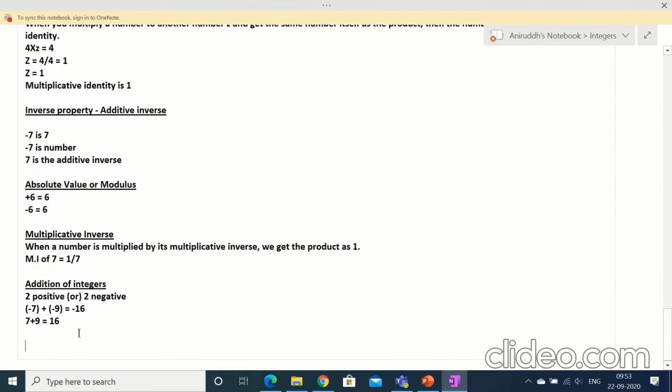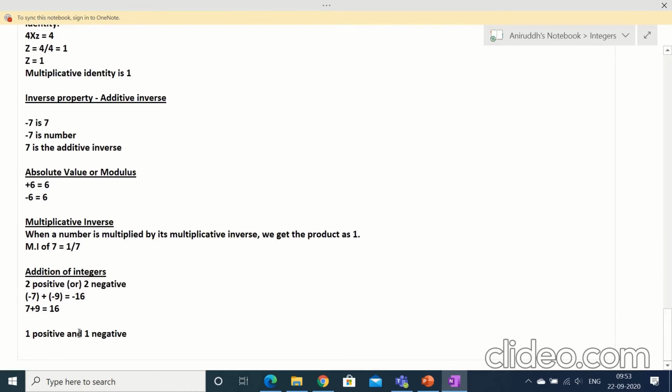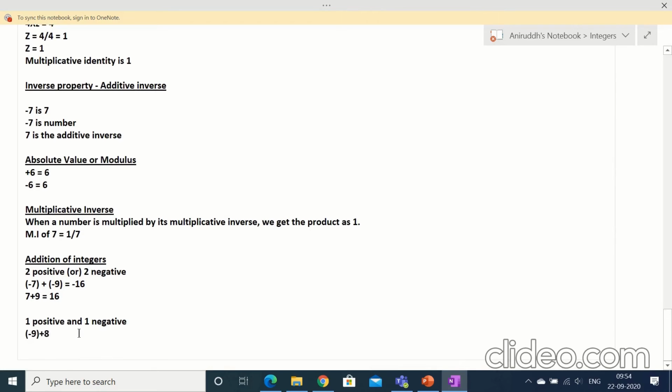Now, if it is one positive and one negative, we need to follow these steps. We need to subtract the numbers and keep the sign of the greatest number. So if it is minus 9 plus 8, here we need to subtract the numbers.